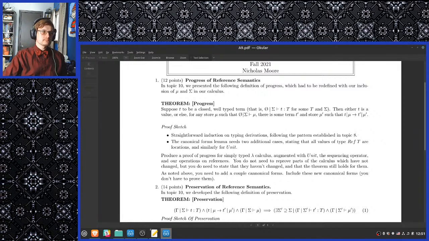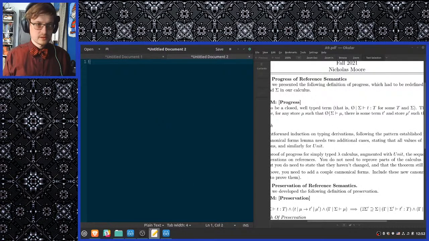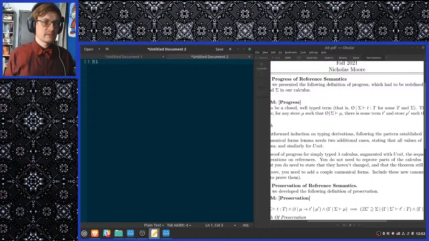For dereferencing, once again, if we have exclamation point T1, we have one of two cases. Either T1 evaluates to T1 prime, or T1 is a value.